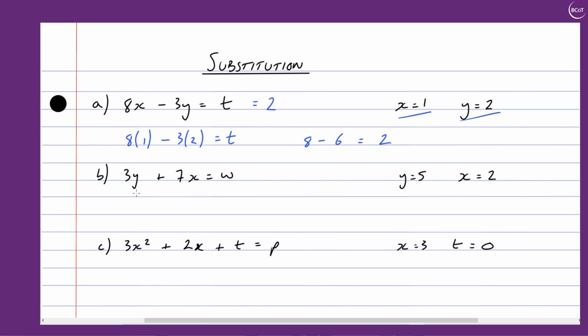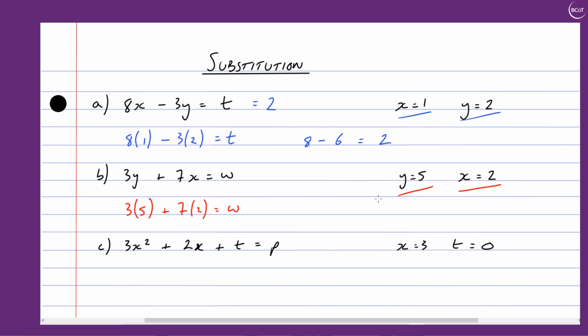Next we've got 3y plus 7x equals w, where y is 5 and x is equal to 2. And we're going to substitute 5 wherever we see y and stick 2 in wherever we see x. So 3 lots of y in this question is 3 lots of 5, plus 7 lots of x in this question is 7 lots of 2 equals w.